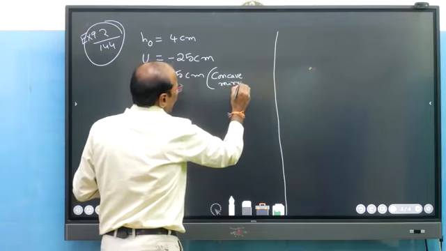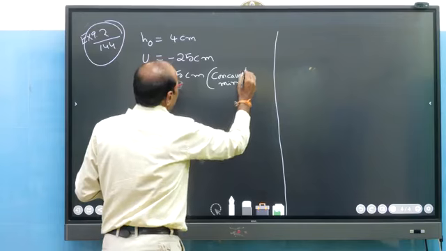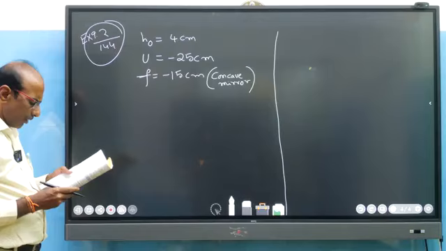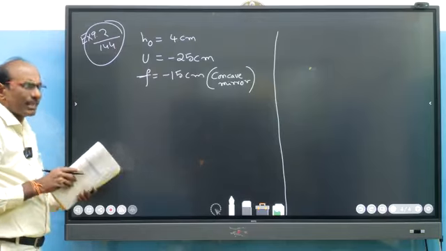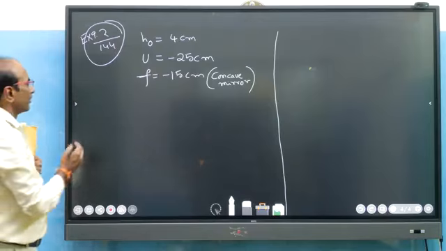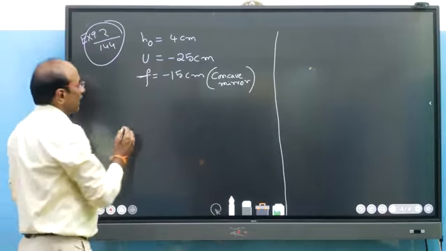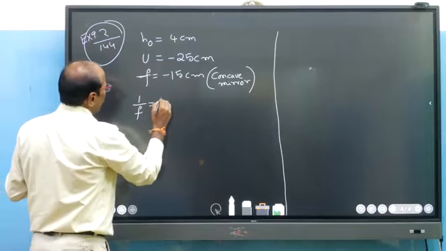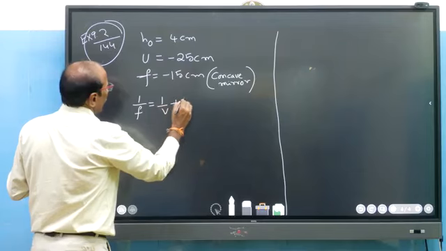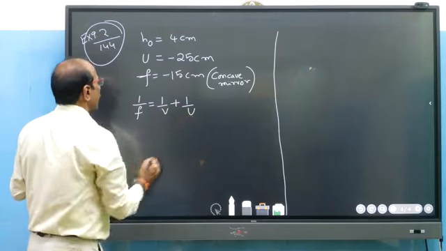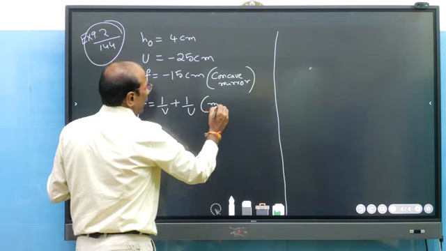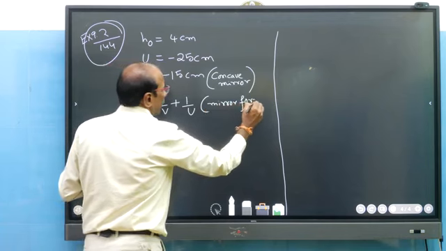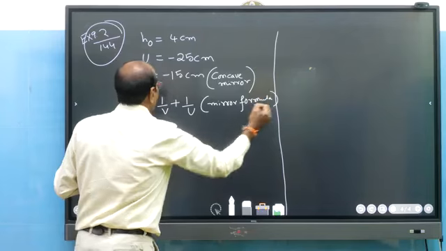So for a concave mirror the focal length is negative. Now you have to find where the screen should be placed in order to obtain a sharp image, so you have to find the image distance. You know the formula: 1 by f equals 1 by v plus 1 by u. This is the mirror formula.